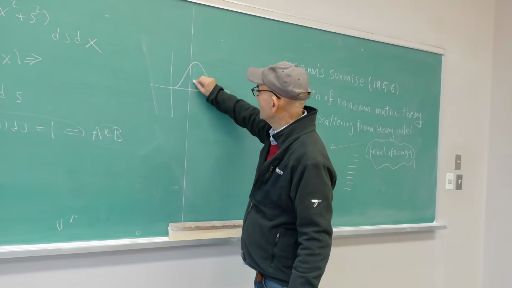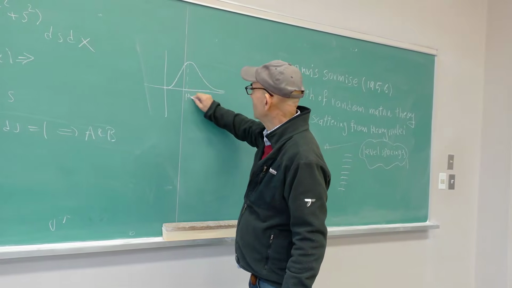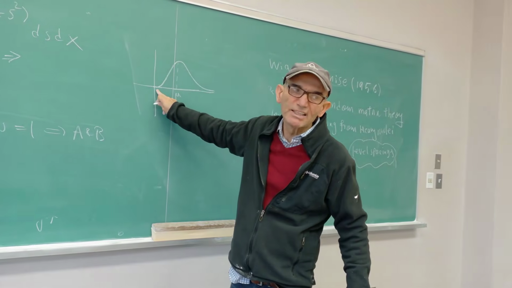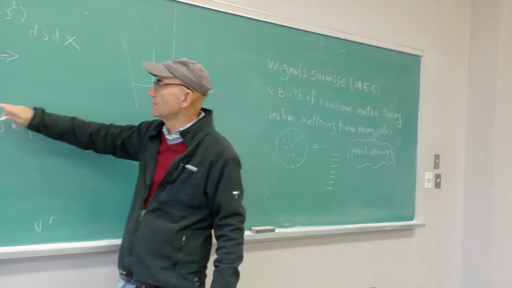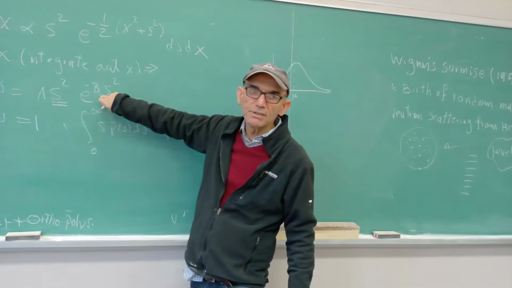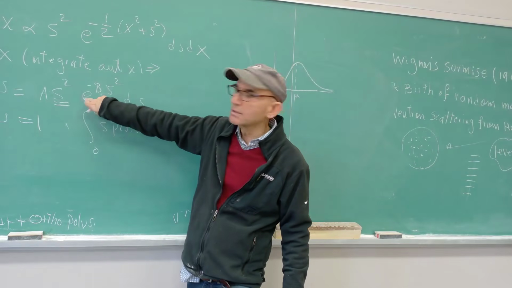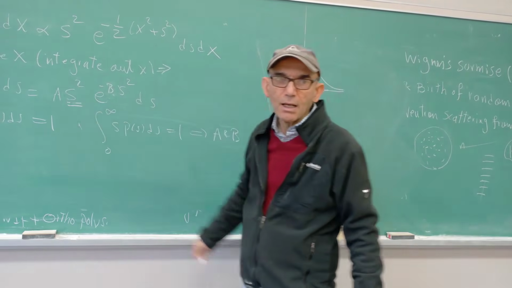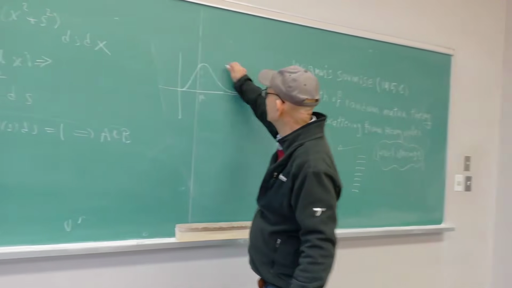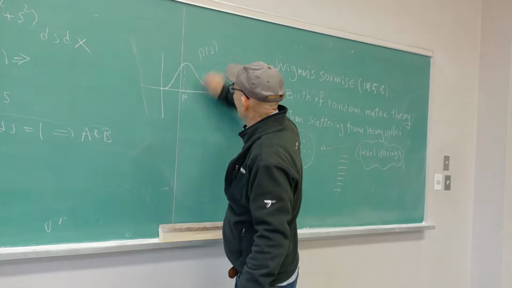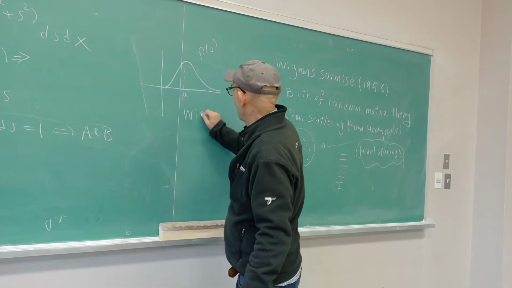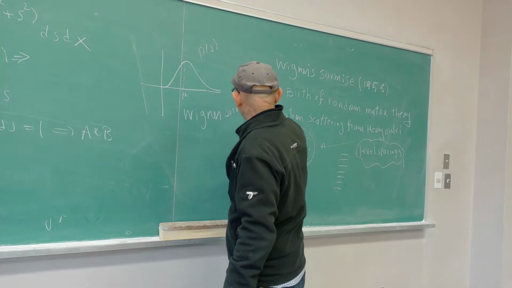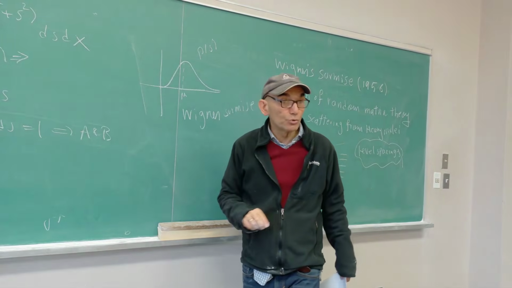There is some average here, mu, but there's a Gaussian tail here, and near 0 it is almost s squared, because if you put s near 0 here, the exponential is very, very close to 1. So this is the dominant factor, s squared. This is P of s. And this is Wigner's surmise for GUE.